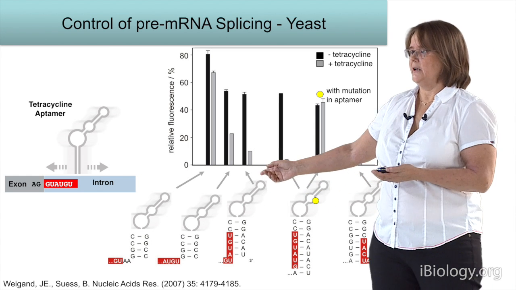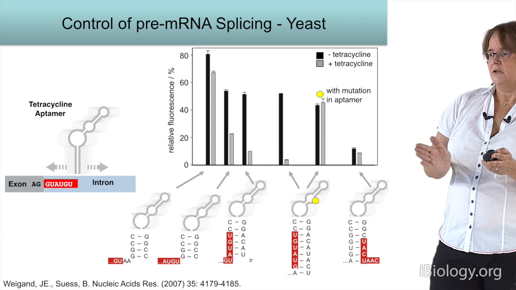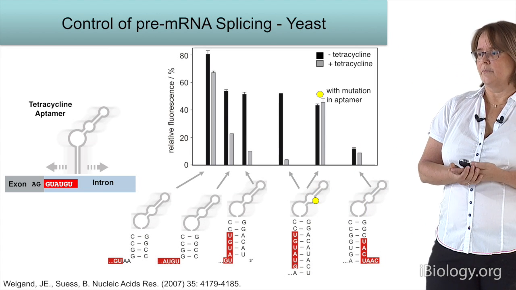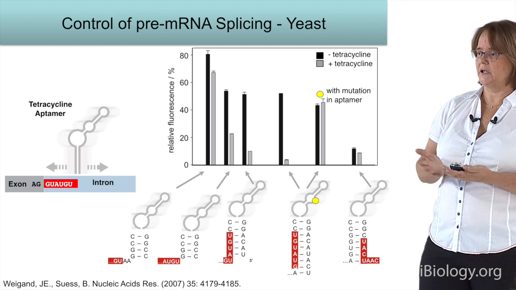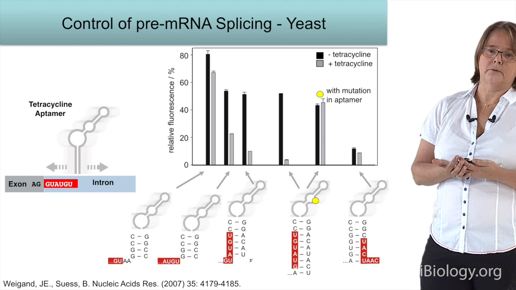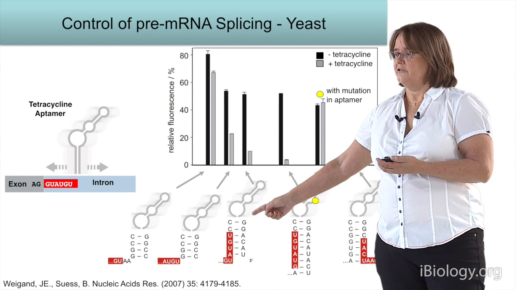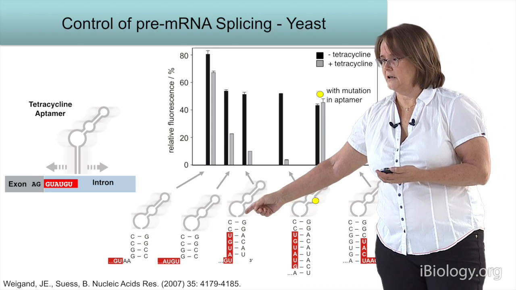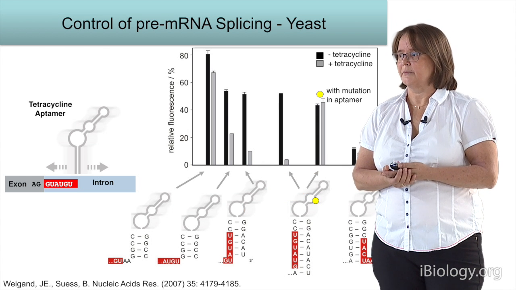We have inserted the aptamer 2 nucleotides away from the 5' splice site. This is the left construct, directly behind the splice site. And then we also have integrated the 5' splice site into the stem of the aptamer.